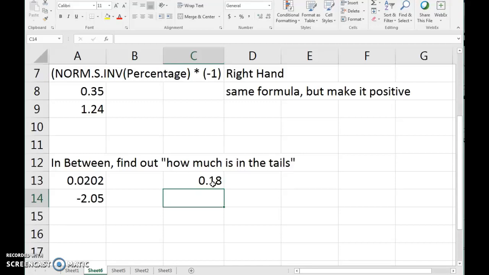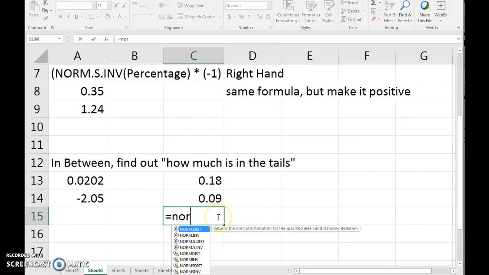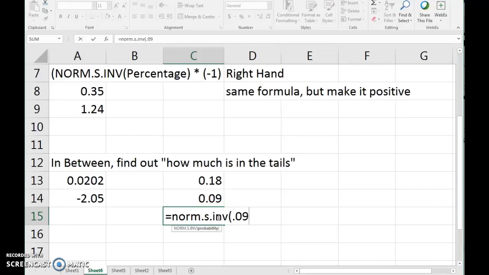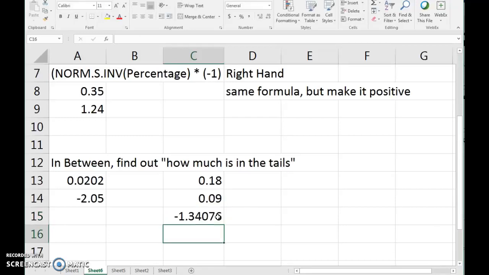Now think about this. 18% total is in the tails. You need to split that between the two tails. So divide that in half. There's 9% in each tail to make 18% total in the tails. So now you can just do the norm.s.inverse. We want to know what is the z-value, the critical value that marks 9% being in the tails.